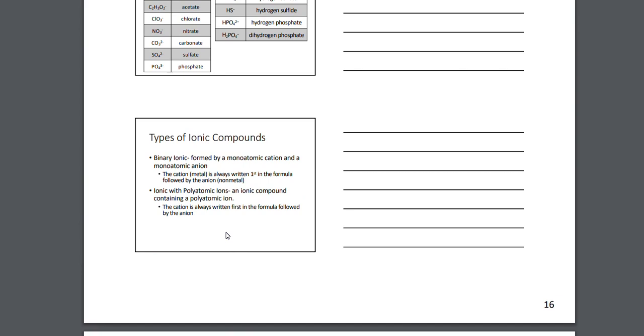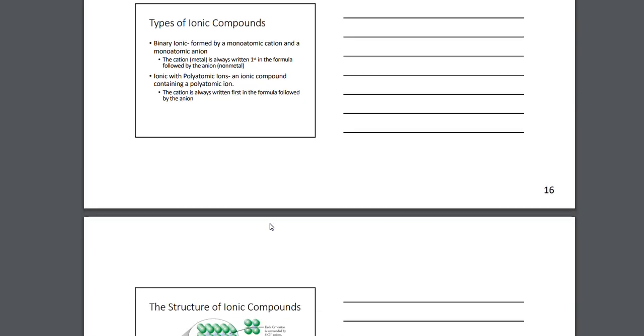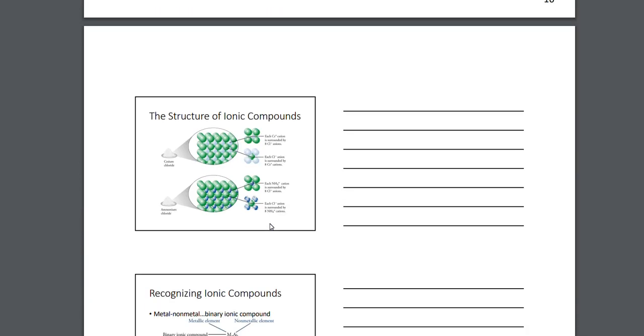We always have the cation written first in the formula, followed by the anion. So in both cases, whether it is a binary ionic or ionic with polyatomic ions, we always mention the name of the cation first, followed by the anion. We never have the anion first, which makes total sense, because even in the molecular formula, the cation comes first. So just follow the chemical formula.